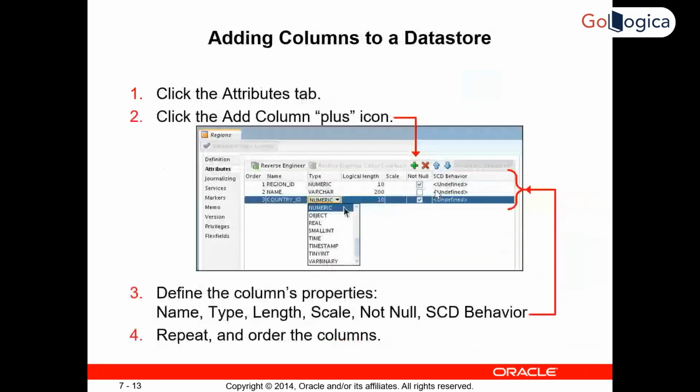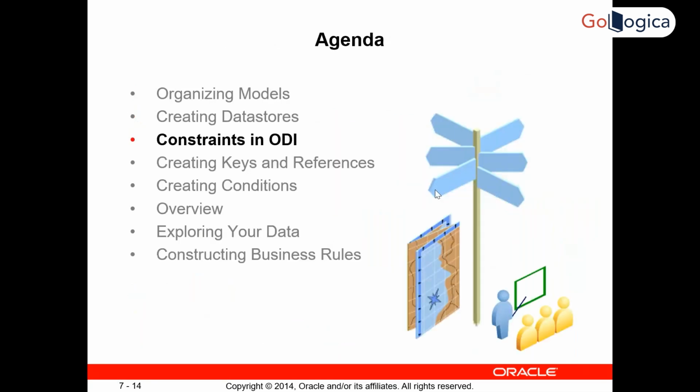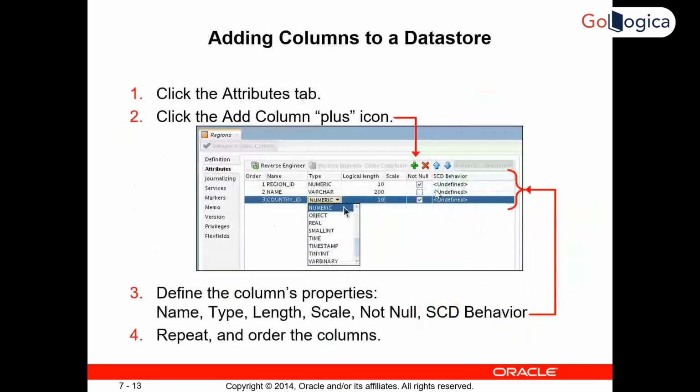And we can add attributes, type and length, and define them like that. After creating this, if you want to reflect this back to my database level, we can do that too.